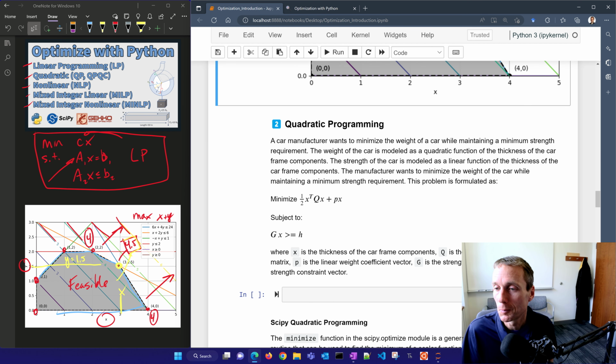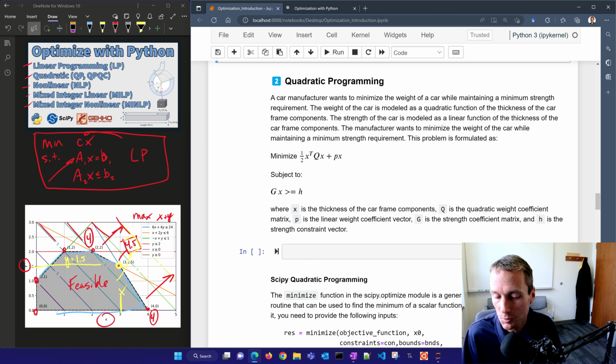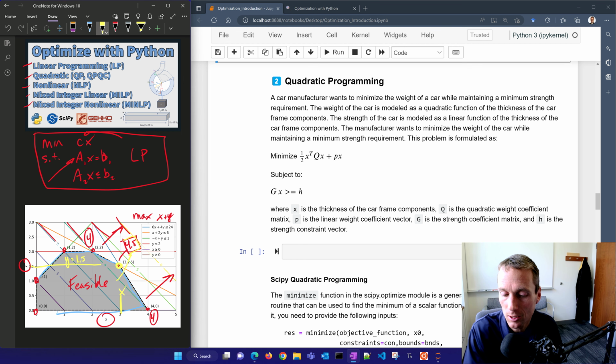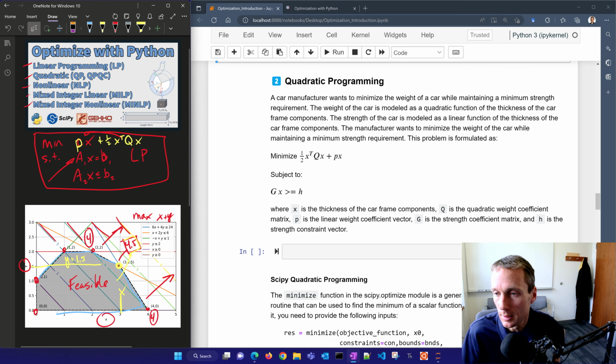So quadratic programming is a little bit different. The objective function is going to change here. Instead of c times x only, or we could say p times x, we're going to add 1/2 and then x transpose times q times x. So we're going to add this additional quadratic objective function.